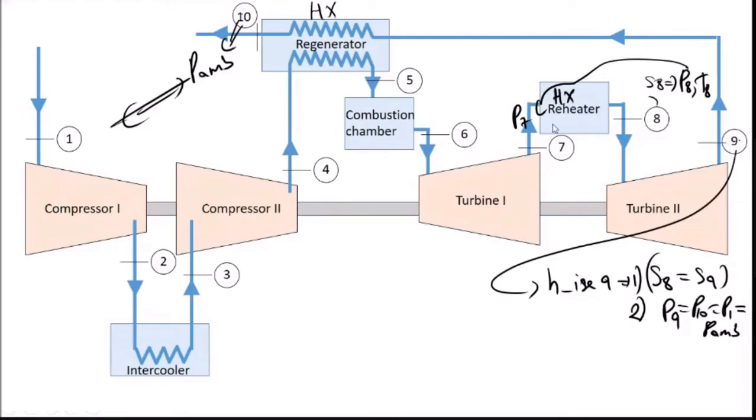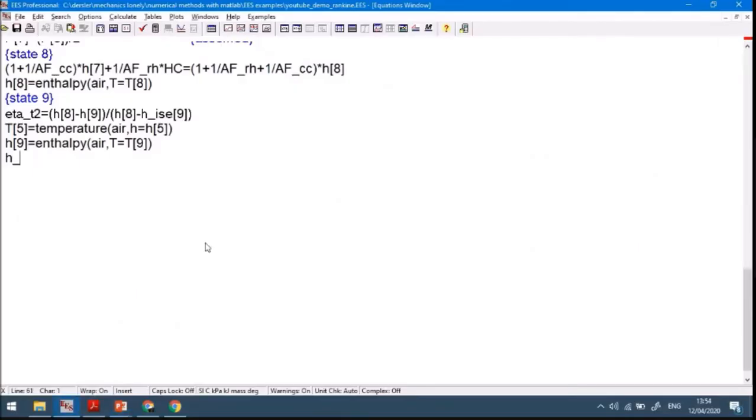Okay, let's solve it. So I can find H isentropic 9, which will be equal to the enthalpy of air, where P is P9 and S is S isentropic 9. P9 is the same as P10 and P10 is the same as P1.